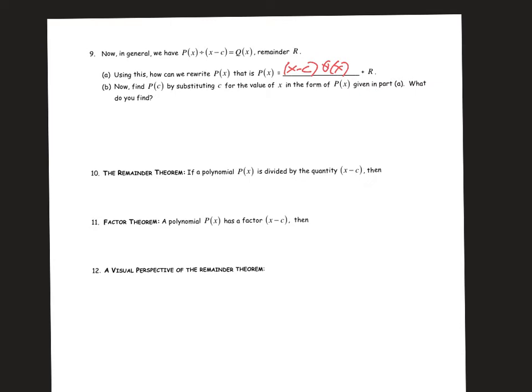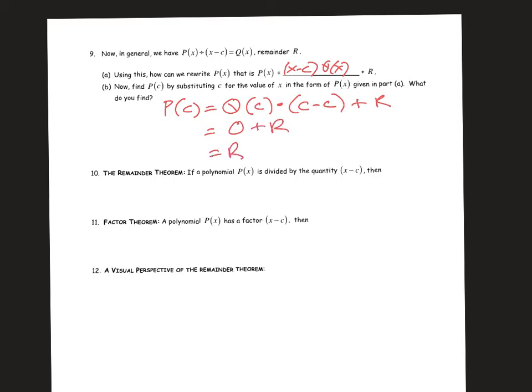Say we wanted to evaluate the y-coordinate of the polynomial at c. So p of c equals q of c, I'm plugging in c for x, times c minus c, plus r. Because c minus c is 0, and 0 times anything is 0, I get 0 plus r, or r.